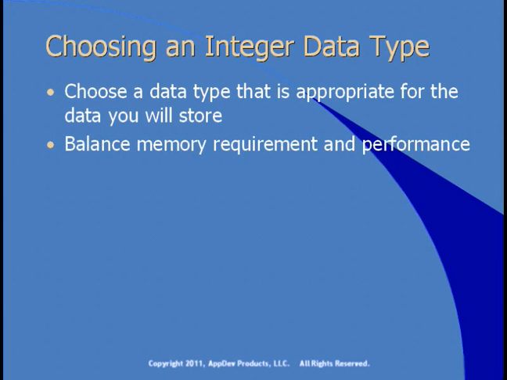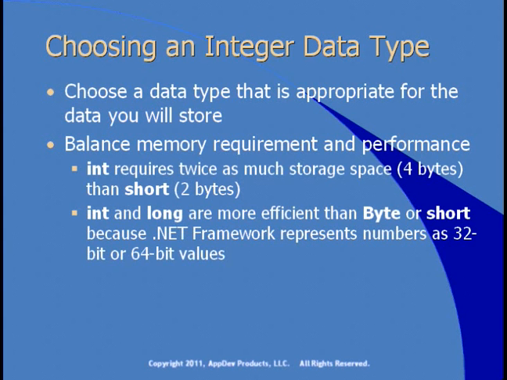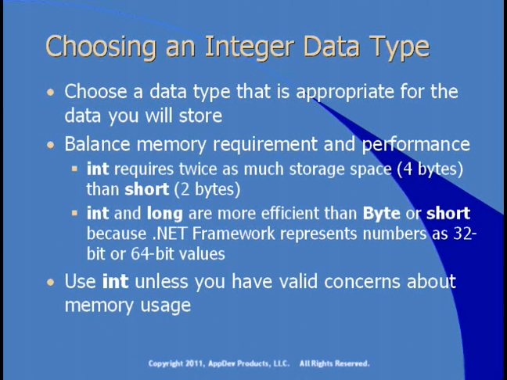On the other hand, you want to balance memory requirements and performance. The int data type requires twice as much storage space as the short. But on the other hand, int and long are more efficient because the .NET framework represents numbers as either 32-bit or 64-bit values. So in general, you should use the int data type unless you have concerns about memory usage.